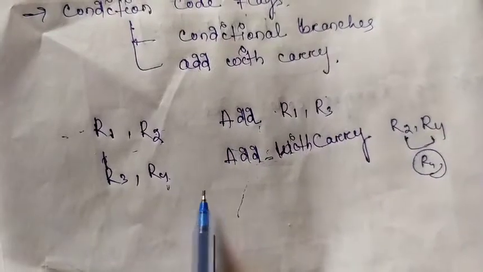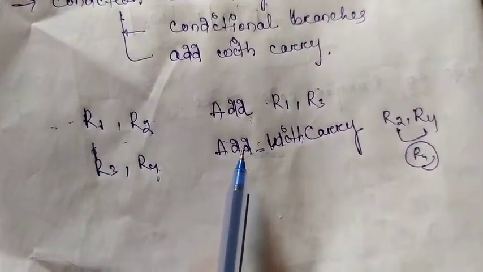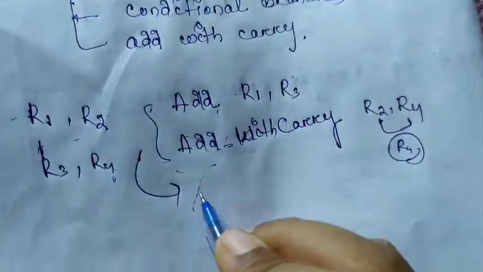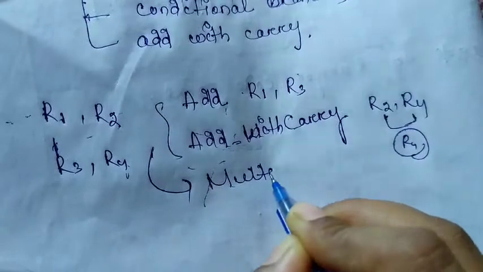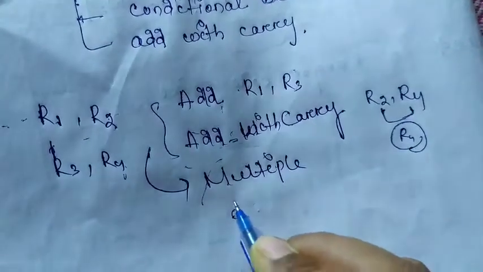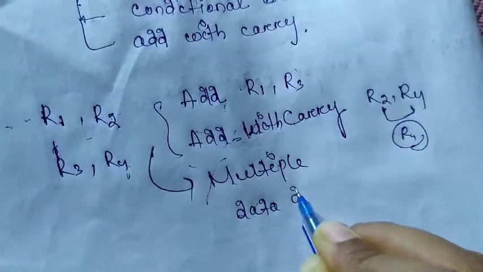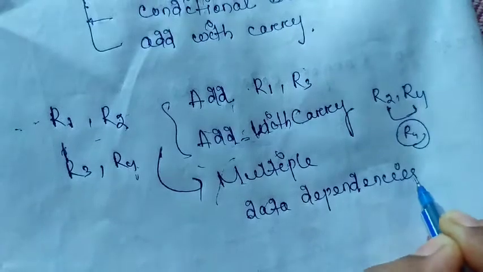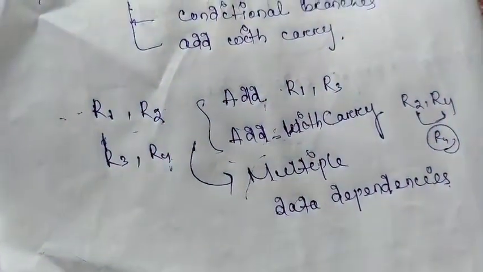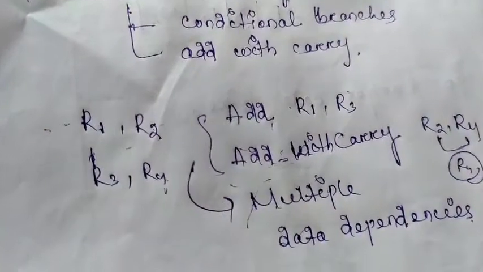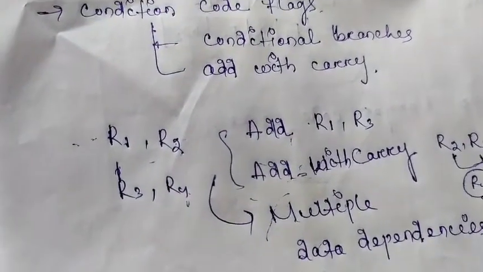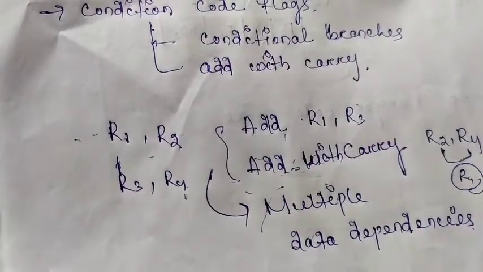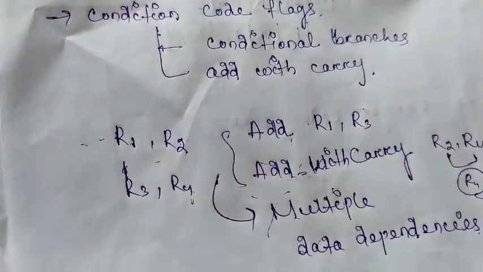Instructions having side effects give rise to multiple data dependencies. So for this reason, instructions basically designed for execution on pipeline hardware should have few side effects.